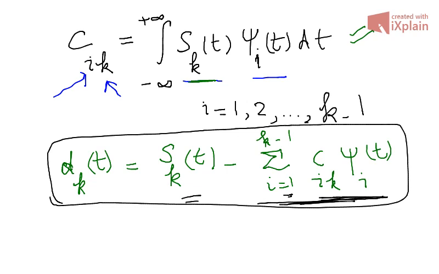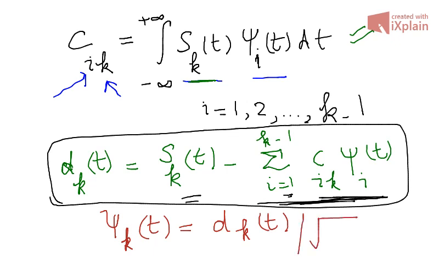We can also write the generalized expression for psi k of t, the orthonormal basis function: we divide dk of t by the square root of its energy, E dk. When we find dk, we use it to generate psi k. So this is a generalized expression for psi k.